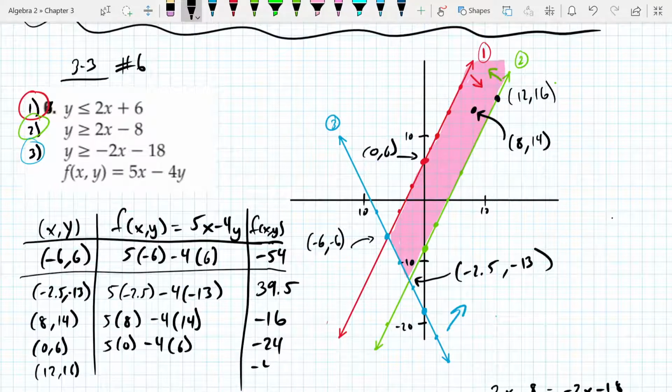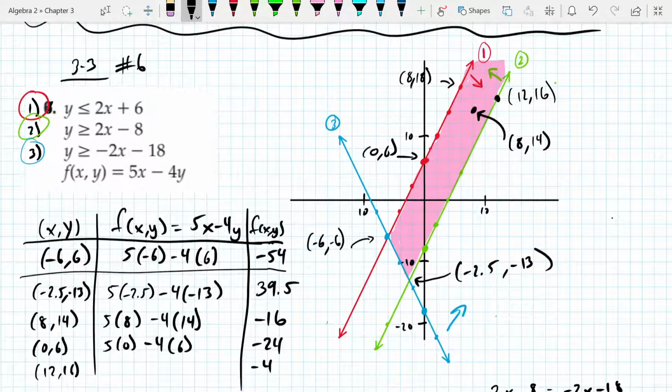So here I get negative 4. So still nothing is really happening there. One of these points should knock it out though. Let me try this point here. That would be 8, 18. Let's try that. I'm not even going to write that one down. I'm just going to start plugging stuff in right now.